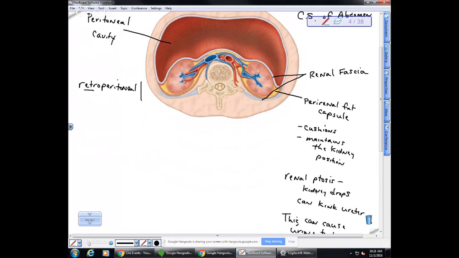The fibrous capsule is around the kidney, like the visceral connective tissue on the surface of the kidney.